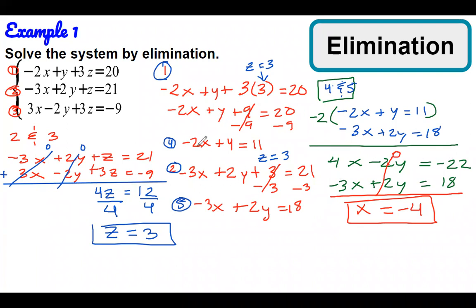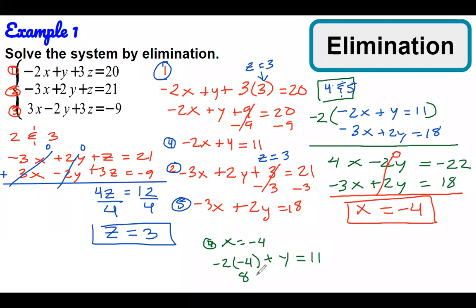Which one do you guys want to use? You can use 1, 2, 3, 4, or 5. 4. Okay, so let's go ahead and use 4. So number 4. And we're going to let x equal -4. So we have -2 times -4 plus y equals 11.